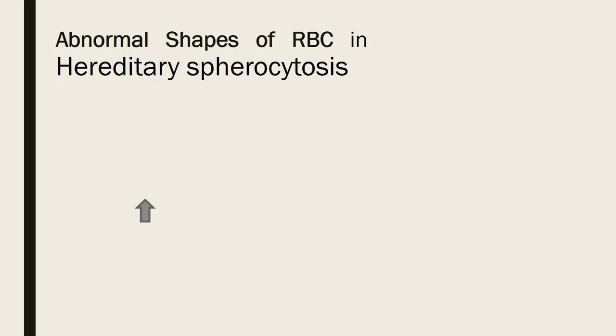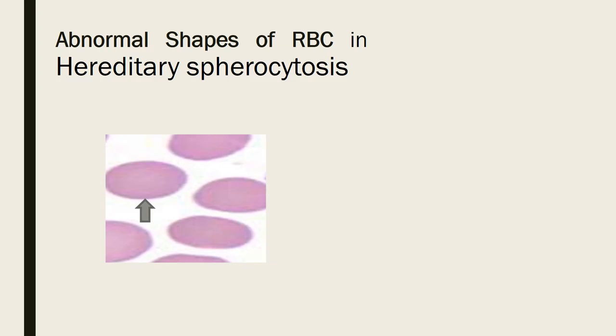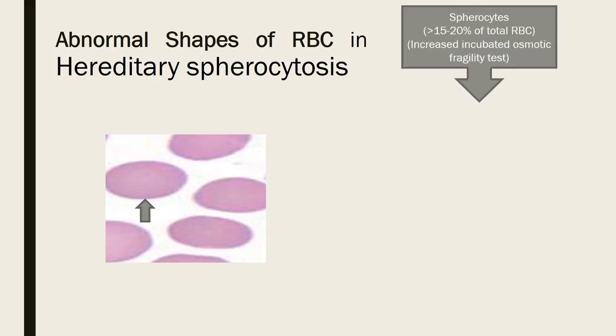In hereditary spherocytosis, spherocytes are present, and the shape of the spherocyte is not biconcave, instead it is round and smaller in shape and denser because MCH is more compared to the normal RBC. If spherocytes are more than 20% of total RBC, then we can say spherocytosis is there.